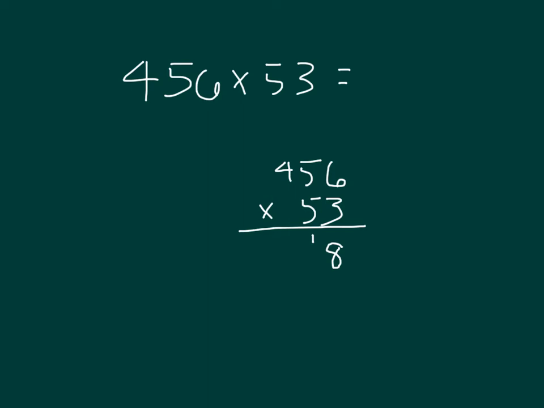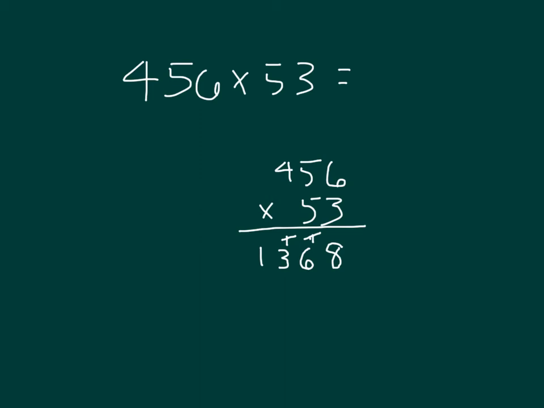So I'll record the 6 here, cross out the regroup because I did use it, and then I'll regroup again. 3 times 4, which is 3 times 4 hundreds, which is 12 hundreds, plus 1 hundred from the regroup is 13 hundreds. So I'll record a 3, and then I can go ahead and place the 1 there.